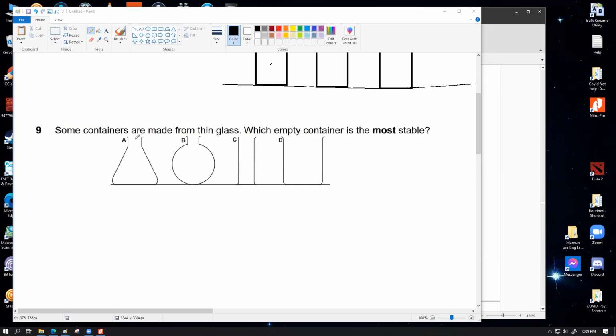If I approximately guess their full height, let's say this is the entire height of the object, and here we have the 1/3 of the height.